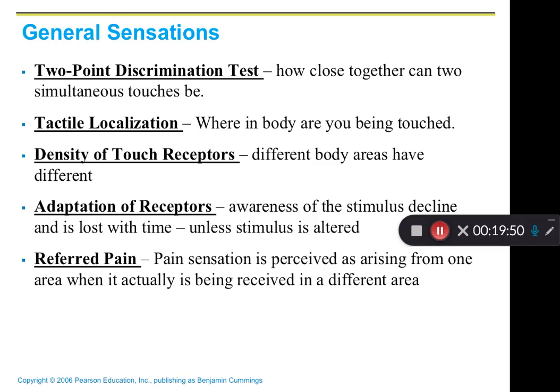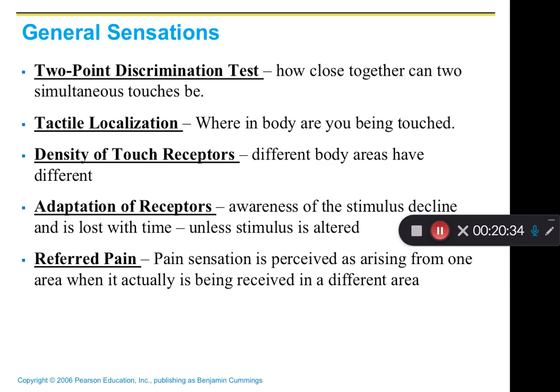However, in other regions, for example the arm and the trunk, there are fewer receptors. So if we use two stickers attached to our body trunk, our body trunk can only distinguish a very large distance of the 2 points. So this depends on the density of the receptors.